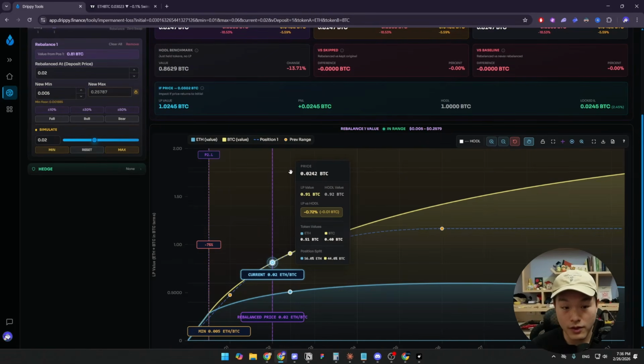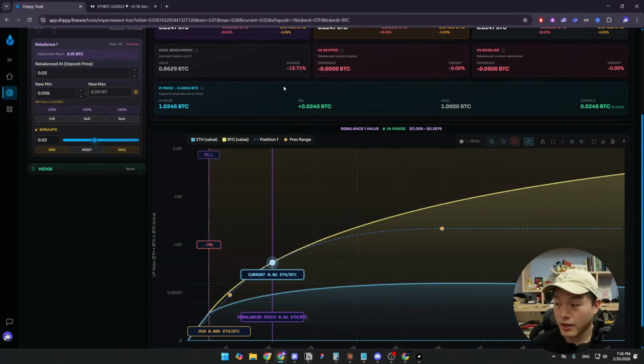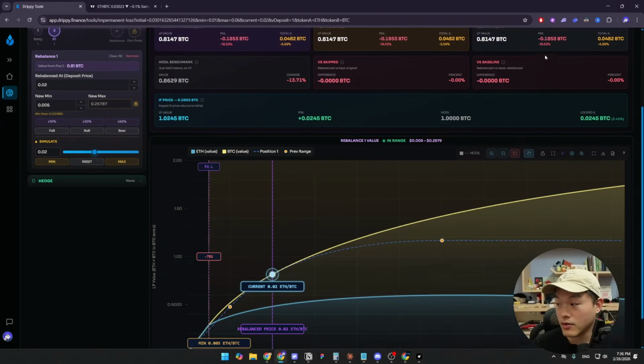But the downside for this strategy is that you will be earning less fees as the prices are trading within the range, right? But again, the good thing is you're not locking in any impermanent loss. If anything, you are gaining money when you are doing so. So you're locking in positive impermanent loss, not negative impermanent loss that could cause you to lose capital.